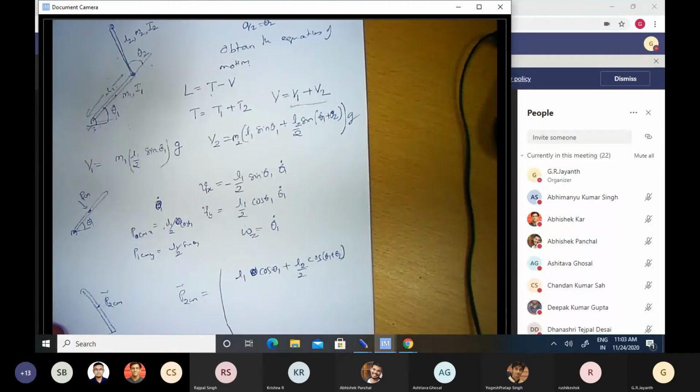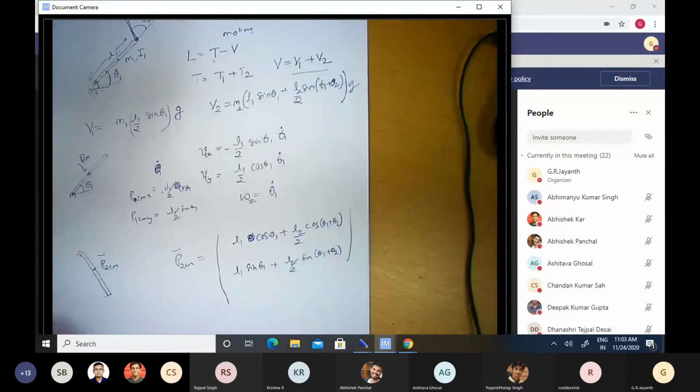That's the x component. The y component will be L1 sine theta 1 plus L2 by 2 sine of theta 1 plus theta 2. Again, from simple kinematics, from the geometry of the problem.